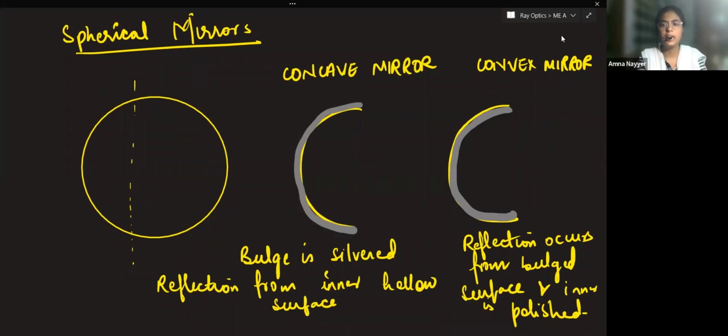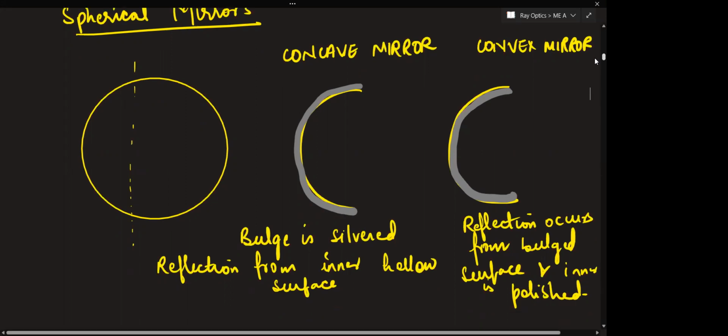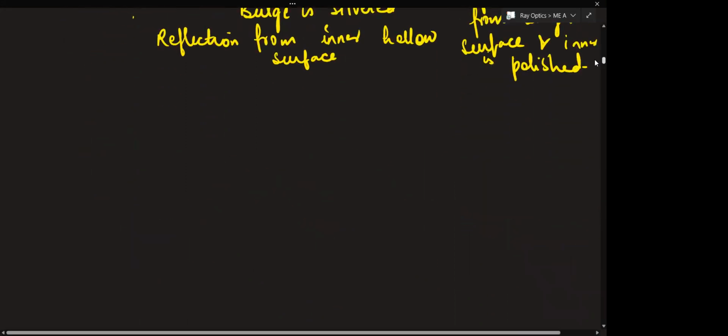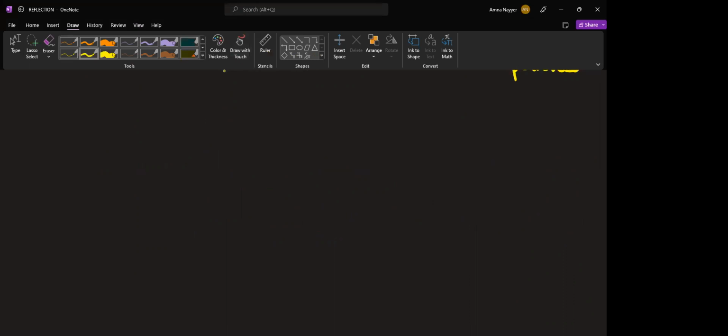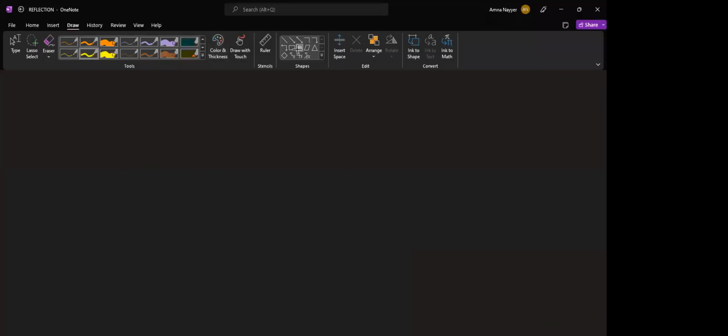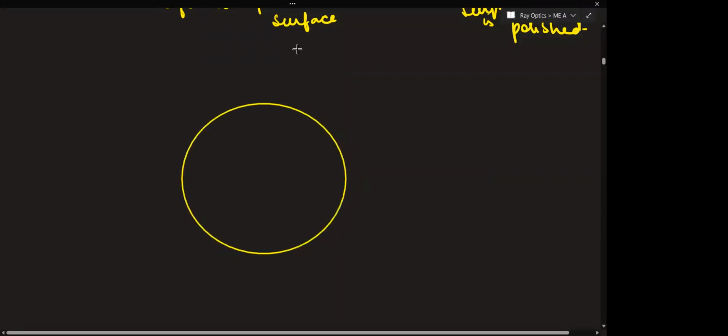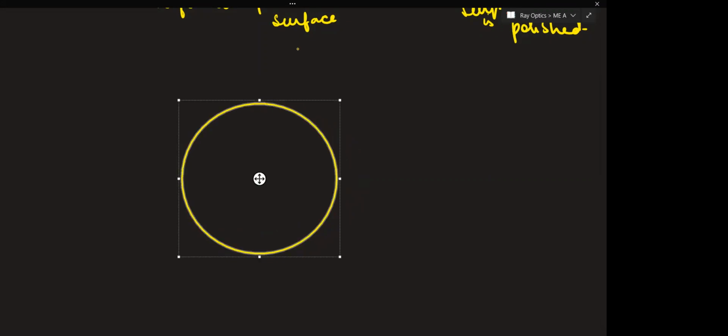Fine. Now let's understand certain points we have to be aware of before we begin. I have taken a curved surface over here. This is a whole complete reflecting surface, which forms a hollow sphere.